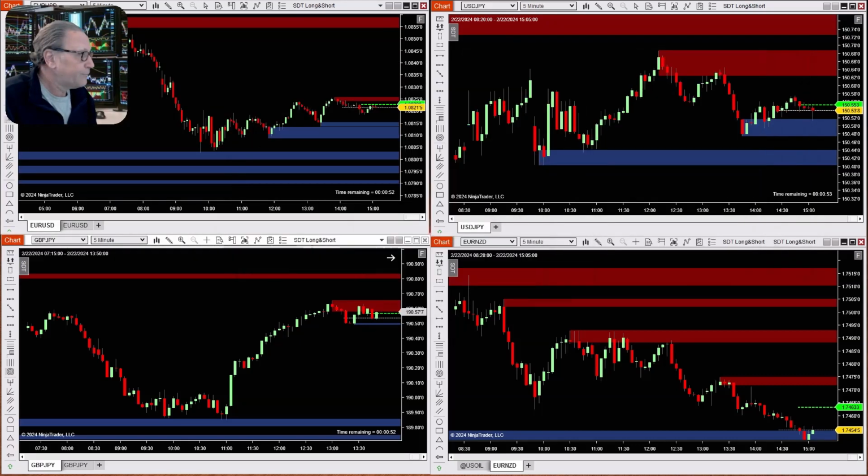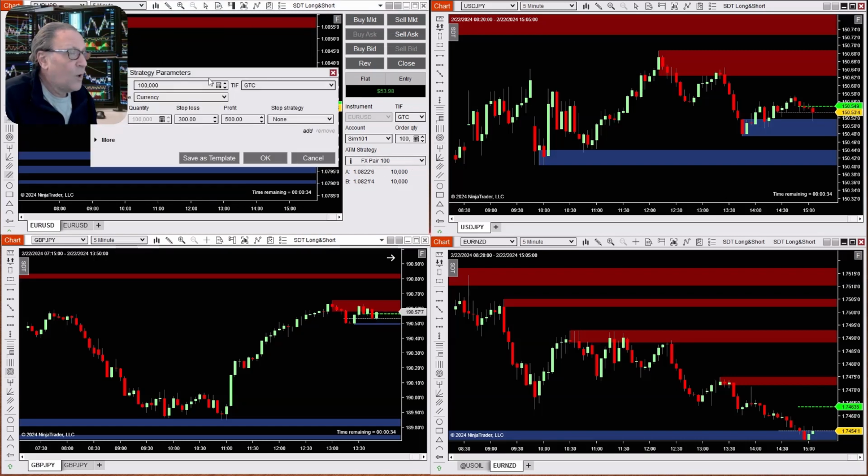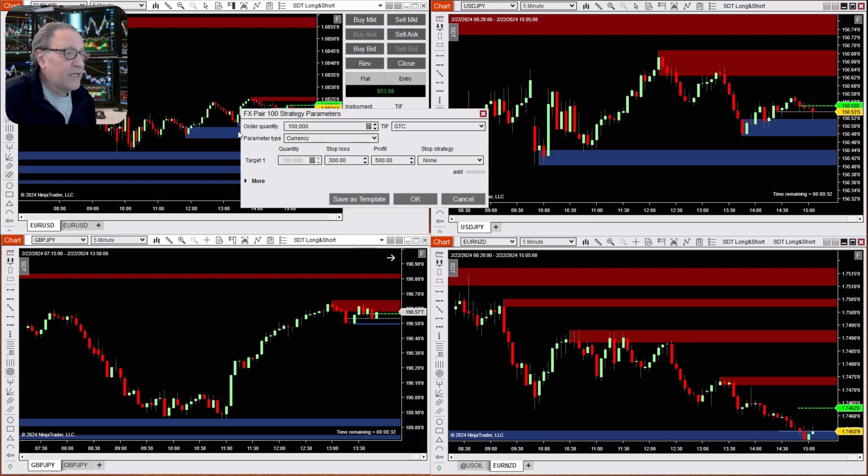Now, we can also use ATMs when we're trading in Forex. For example, let's go ahead and open NinjaTrader. And if we see our Forex ATM strategy, okay, the only difference is we are using order quantities of those currency units.